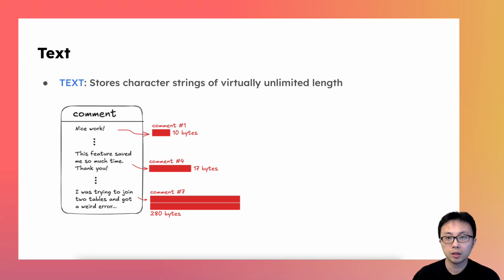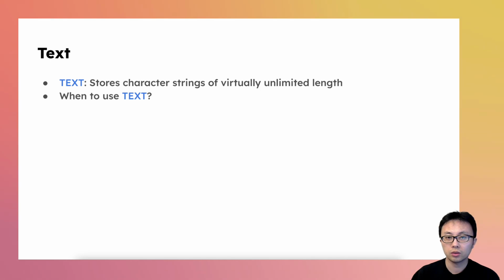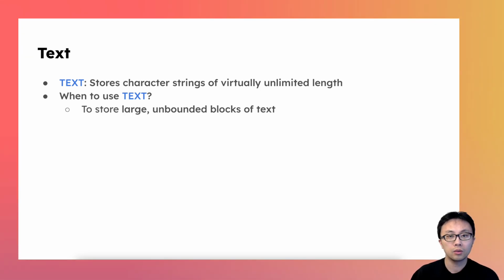A comment can be very short, just 3 or 2 words, but it can also be something that goes beyond 10 different paragraphs and is as long as an article. When should you consider using text as the data type for some columns? When you have large blocks of text and its maximum length is difficult to estimate.